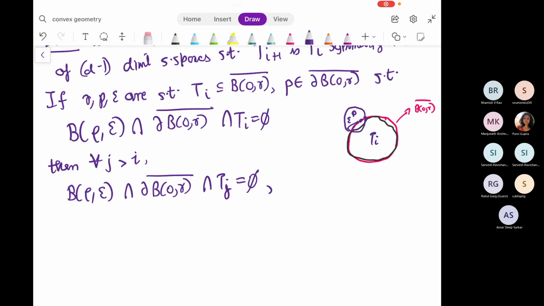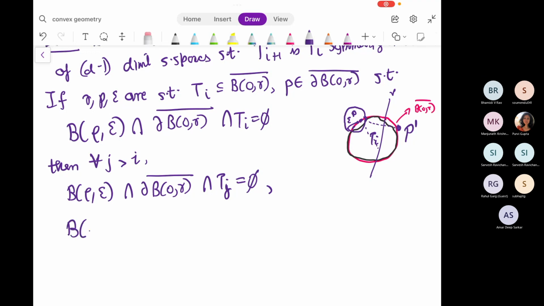Let me draw a symmetrizing hyperplane here, say V_i. Then if you reflect the point P across V, sorry, this is not the reflection, this is the reflection, you'll get a particular point here, which is some P prime. And the lacunae at P will transfer to the lacunae at P prime.